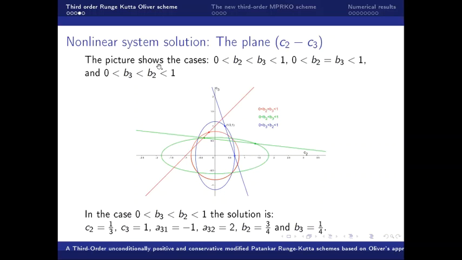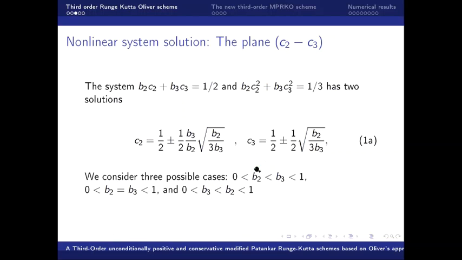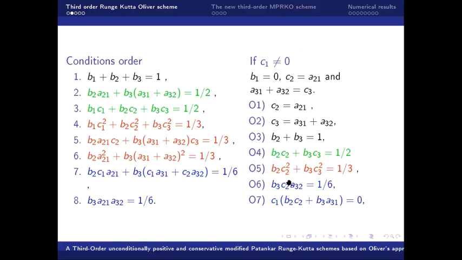The picture shows the cases. Case 1 is in green, case 2 is in red, and case 3 is in blue. From the two solutions for each case, only one satisfies equations O2, O6, and O7.